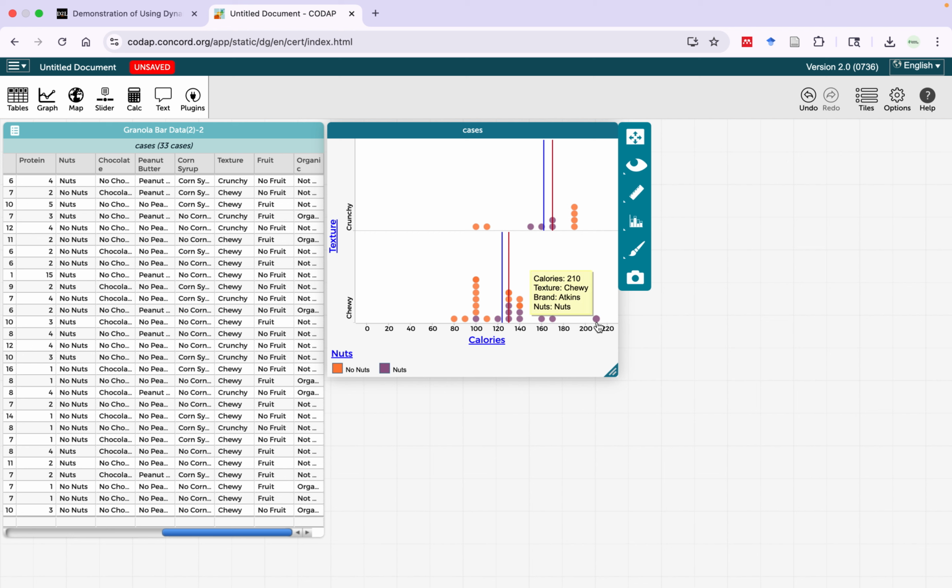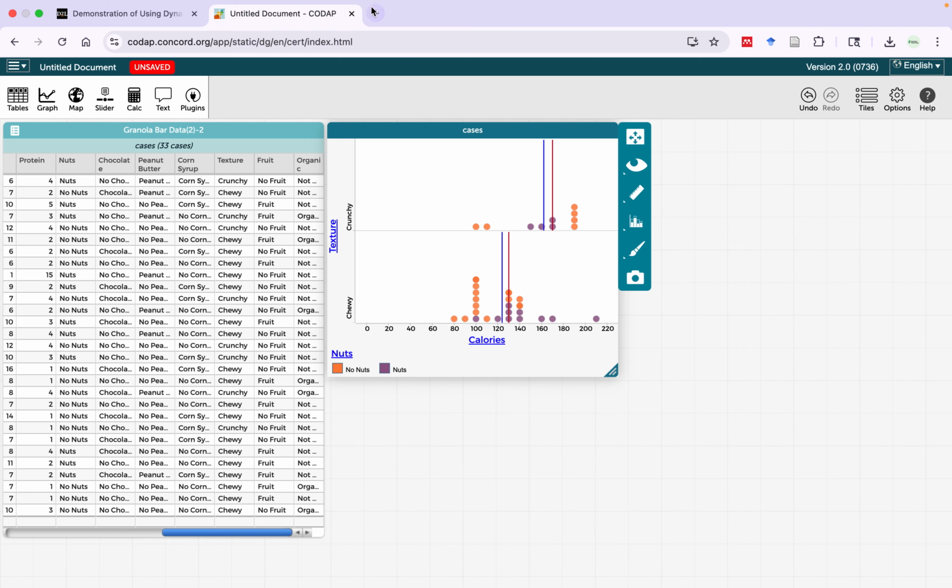Let's see. This is Atkins. This is Chewy. Or sorry, Great Value. Oh, I know these. I like these. Great Value. Yeah, like these don't have as many. Target brand. Okay. Sunbelt Bakery. Nuts and chewy.